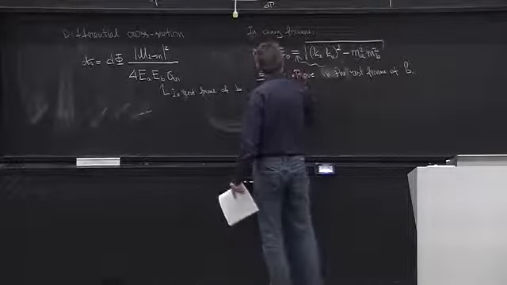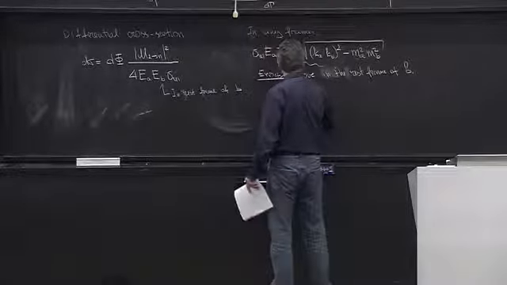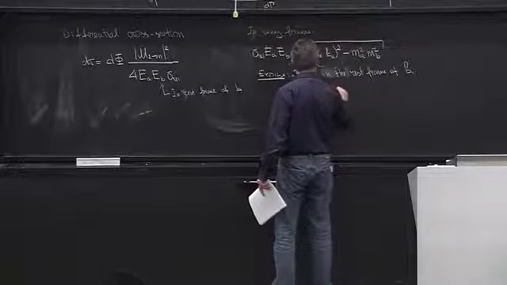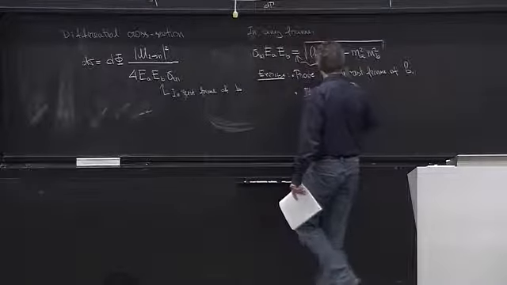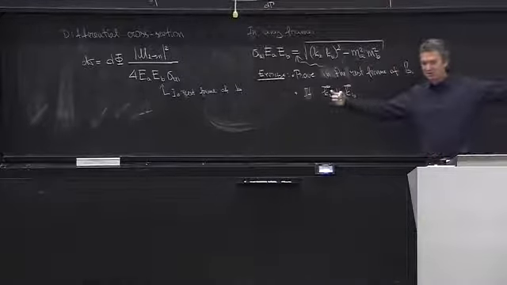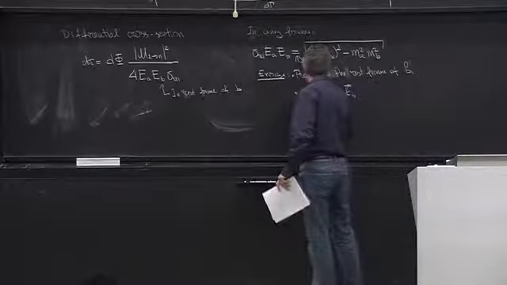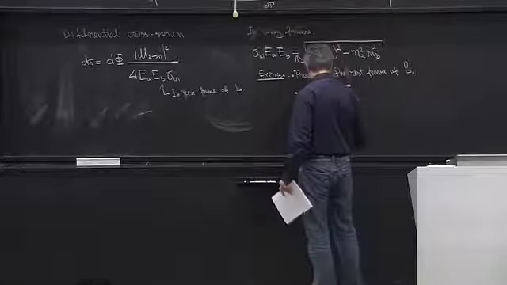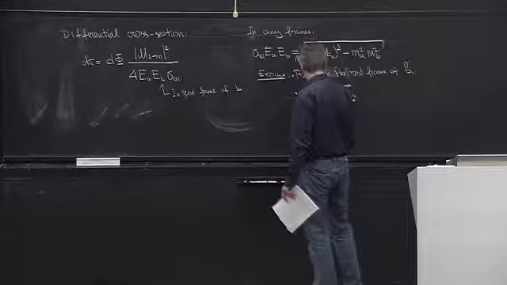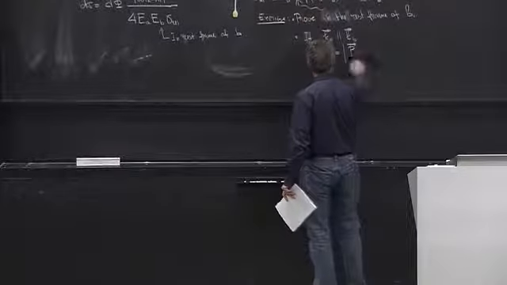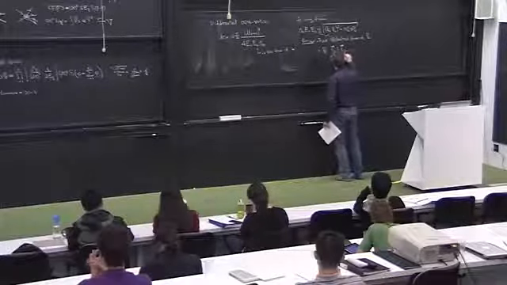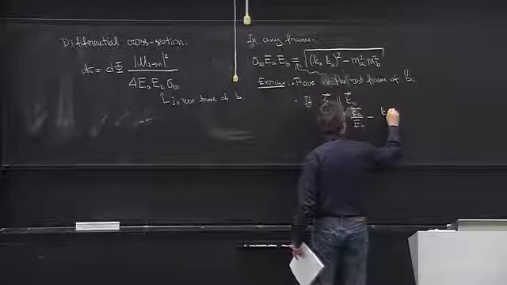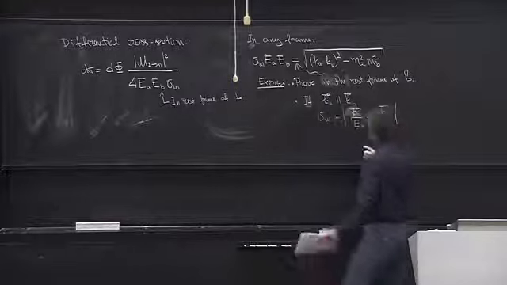You can prove this, and the other statement that you can prove is that if Ka and Kb are collinear, these are three momenta now, so that the collision is head-on, then the relative velocity is the usual one, and this is obvious.